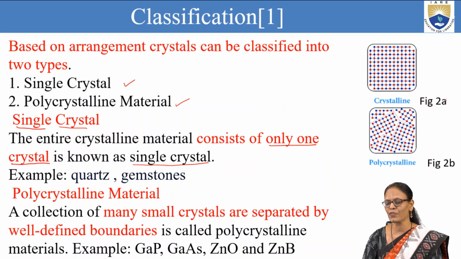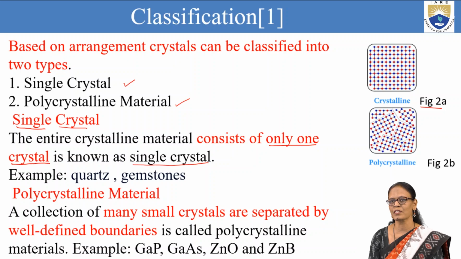Let us look at figure 2a. If you see the arrangement of atoms here, all of them are arranged in a regular fashion and it is only a single crystal. So we call it a single crystal. Examples are quartz and gemstones. They are all single crystalline.